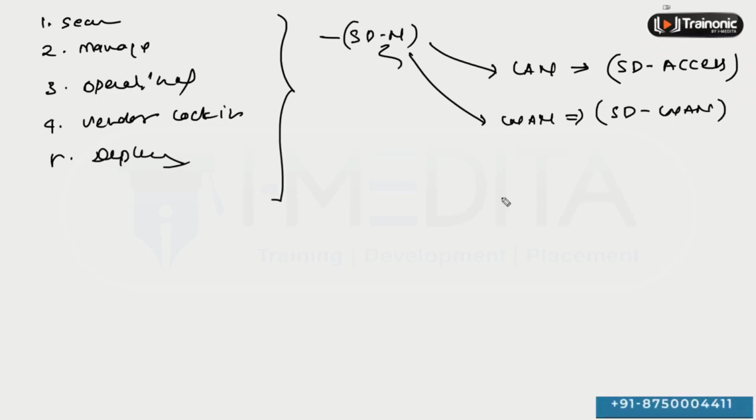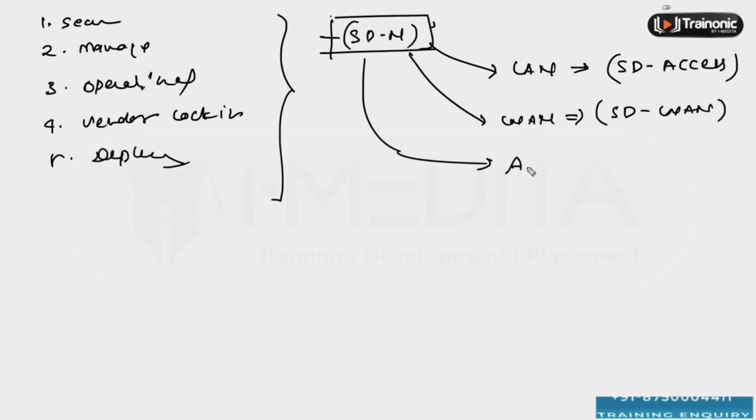And even in the data center environment, if you're talking about data center topologies where we follow some sort of spine-leaf architecture, there also we want a centralized point of control using some sort of application-based, software-defined networking. So in the data center environment, we already had ACI for a very long time.